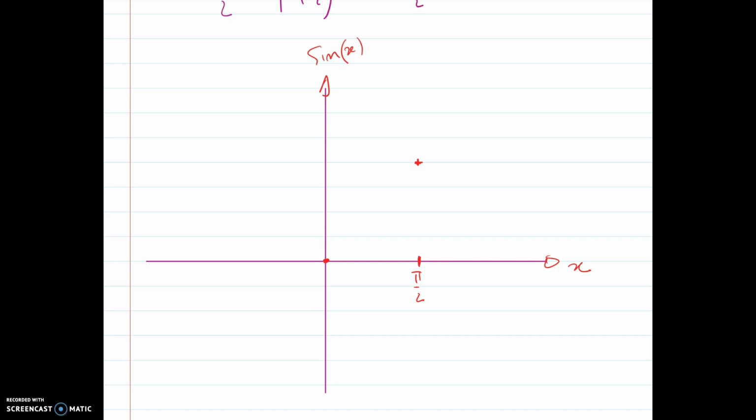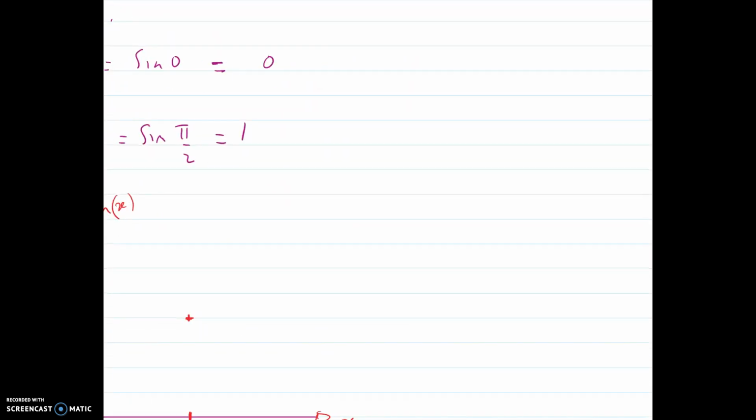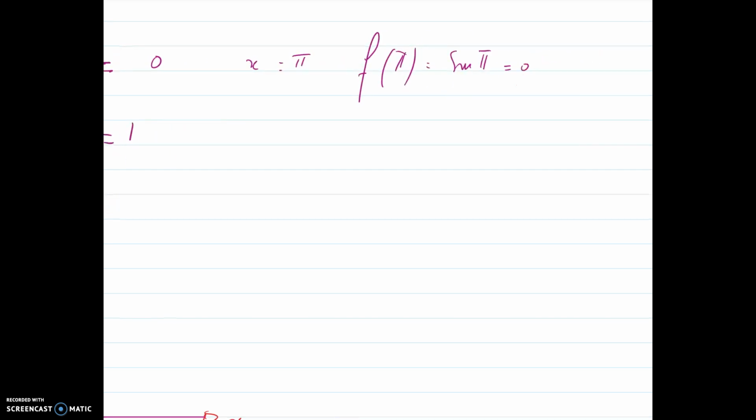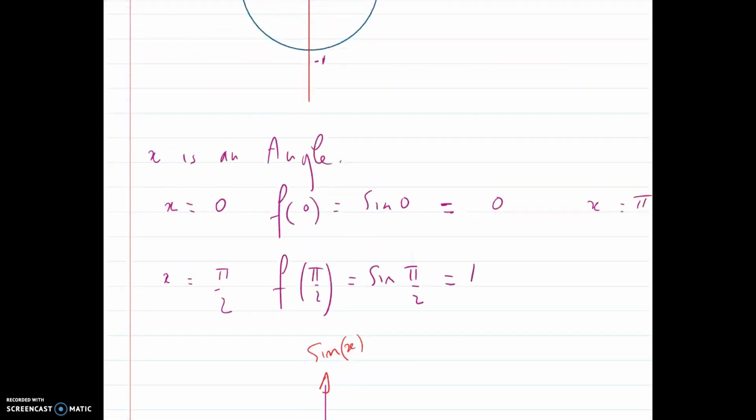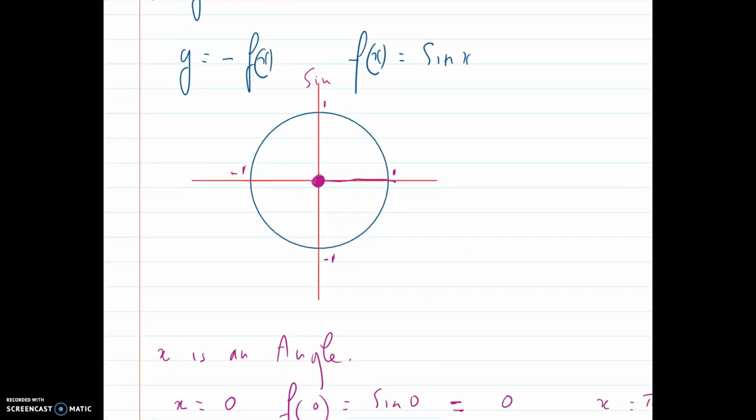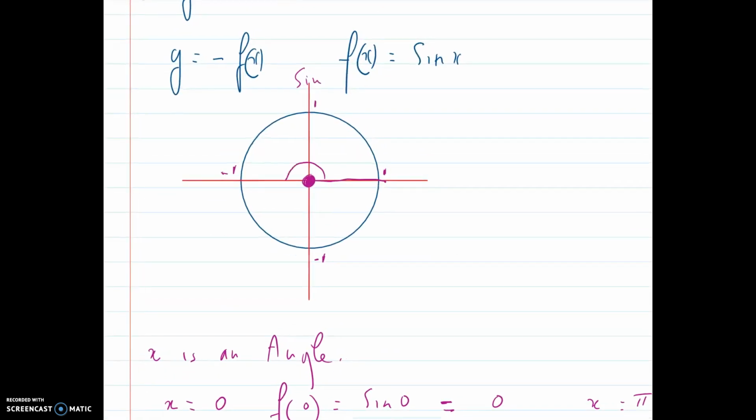When x equals pi, the value of f of pi will be sine pi, and sine pi is equal to 0 also. When I am at sine pi, pi is right here, and the sine is again equal to 0. I would like to remind you that the sine is not equal to 0 when I'm right there.